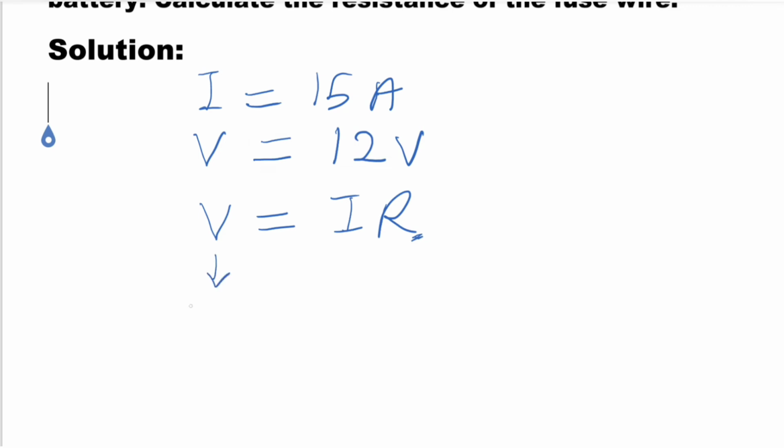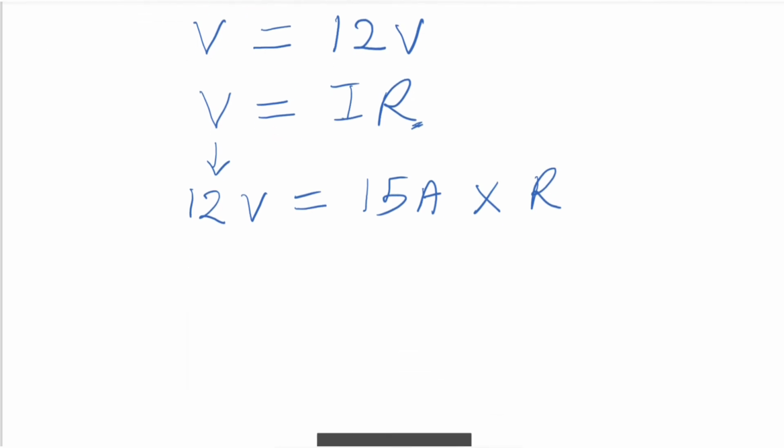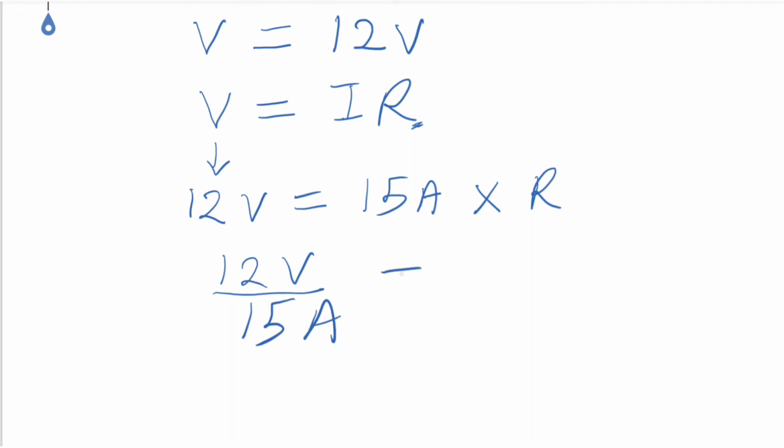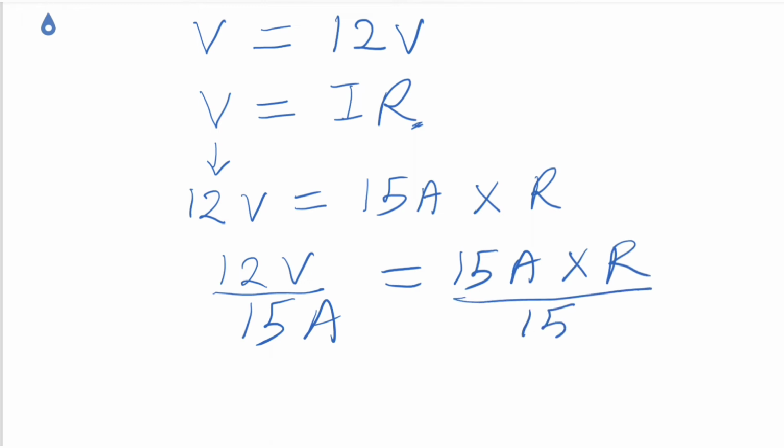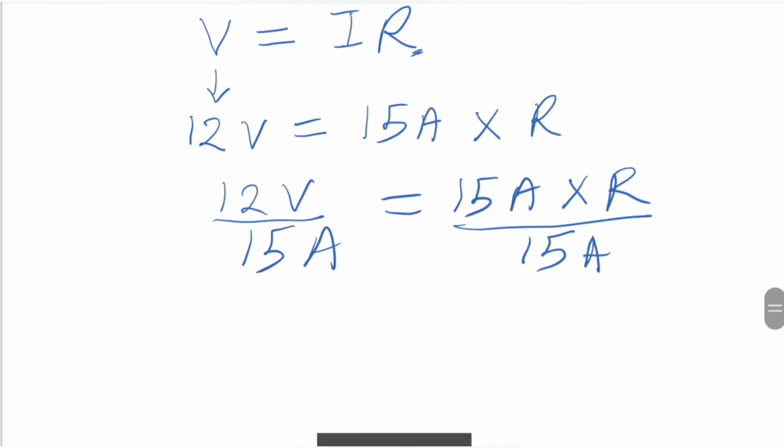So our V is 12 volts and our current is 15 amp, multiplied by the resistance we are looking for. If you divide both sides by the current, which is 15 amp, you have 12 volts over 15 amp equals 15 amp times the resistance over 15 amps.